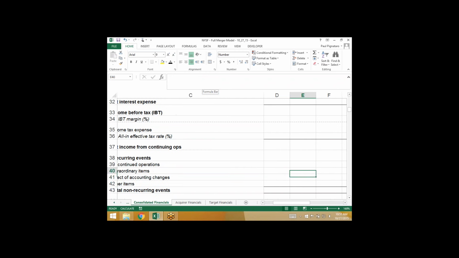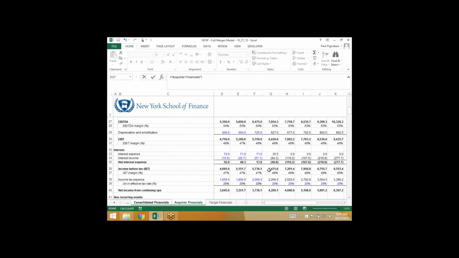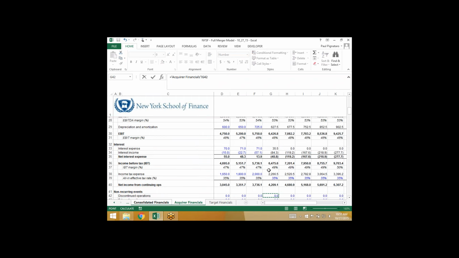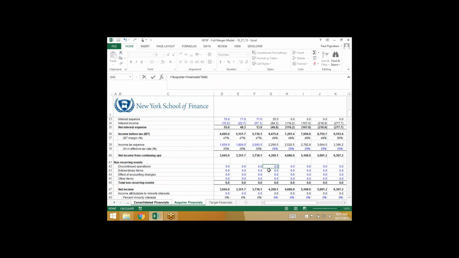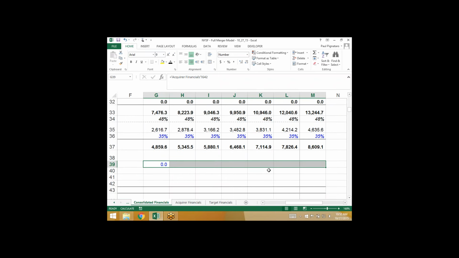Okay, so in our projections, we're going to take acquire only, acquire financials, discontinued operations. It's 0 anyway, so it doesn't really matter, but just to show you the procedure. And I'm going to copy this to the right and down.